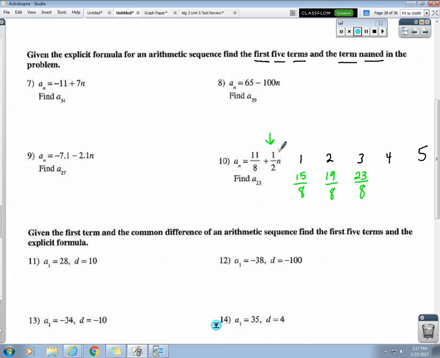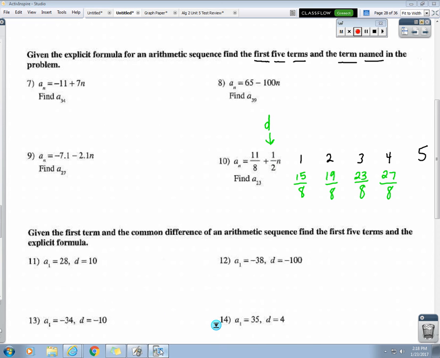See how the 1/2 is beside the n? That means 1/2 is your d value. So yeah, you'll notice a pattern that the numerators are all increasing by 4, so that would be 27, but the denominators are staying the same. That does not mean that each thing is increasing by 4 whole units. Okay, the increase is actually 1/2, and I can prove that to you.